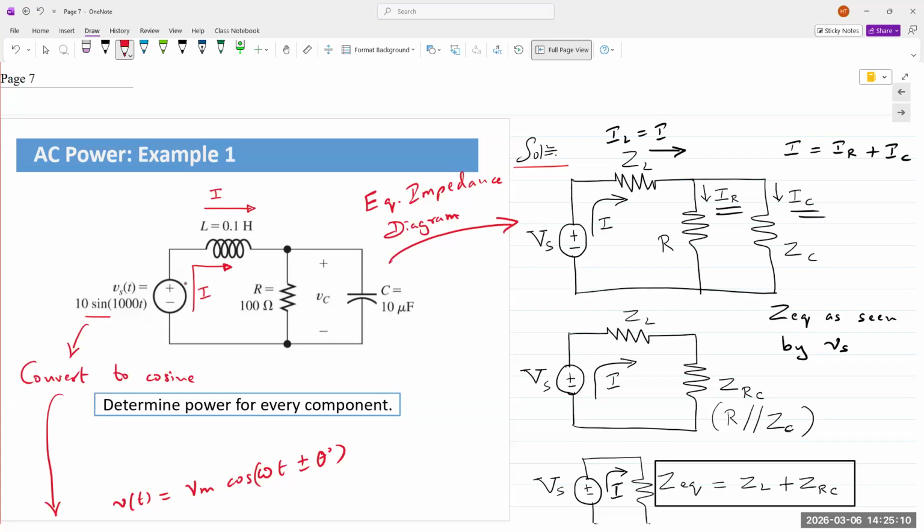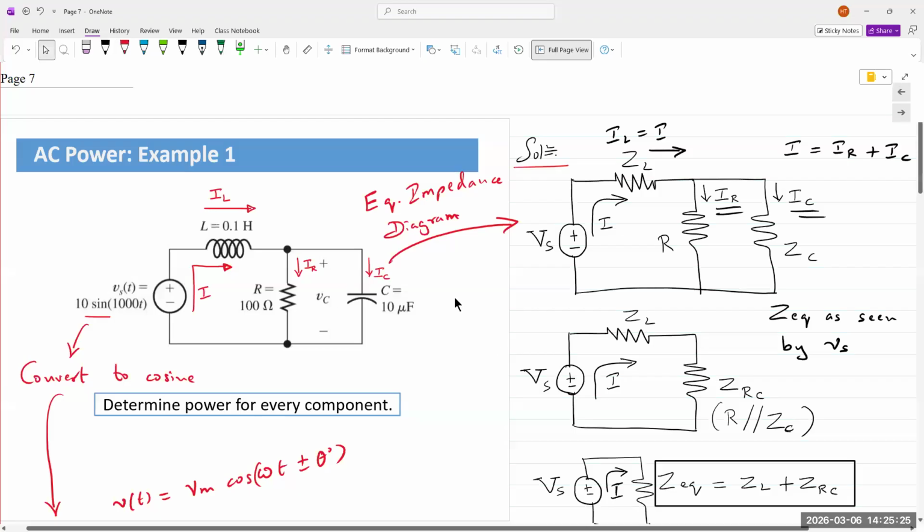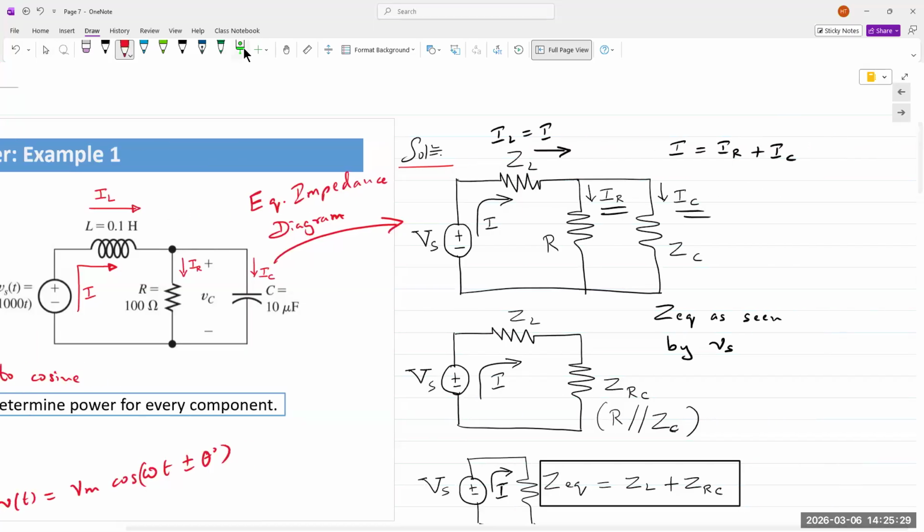IL, the inductor current, would be the same as the total current I. Current coming down here can be labeled as IR, and current coming down here can be labeled as IC. If I apply KCL at the top, I obtain total current I is equal to IR plus IC.